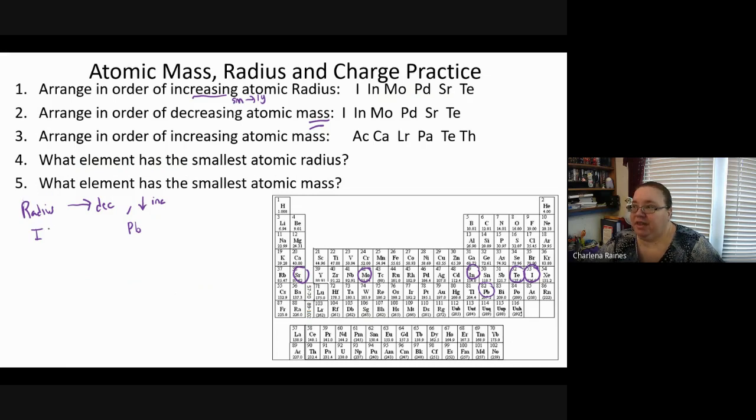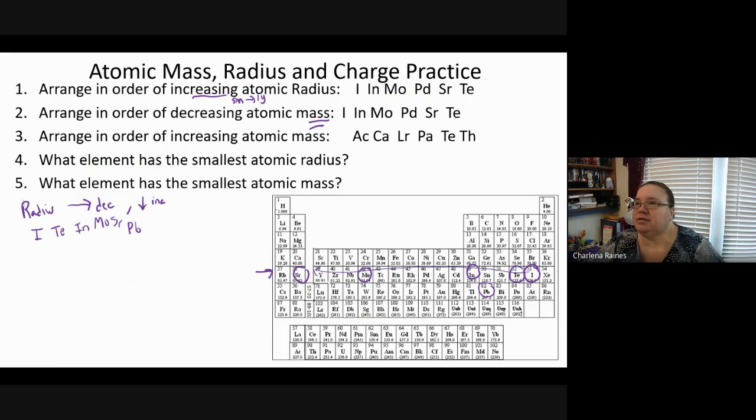So if I fill in the things in between, I'm going to go across my fifth period first. So iodine, tellurium, indium, molybdenum, strontium, and then lead brings up the end.